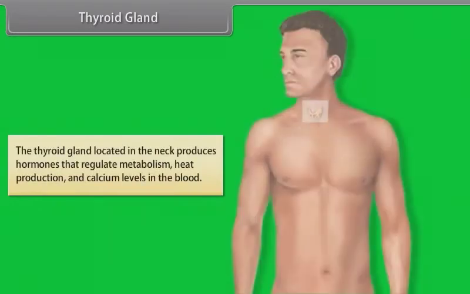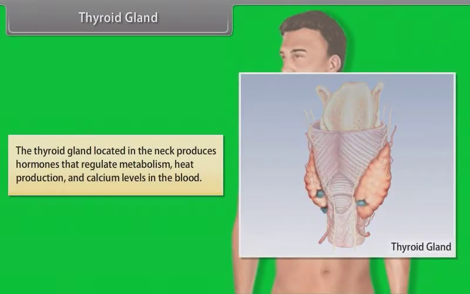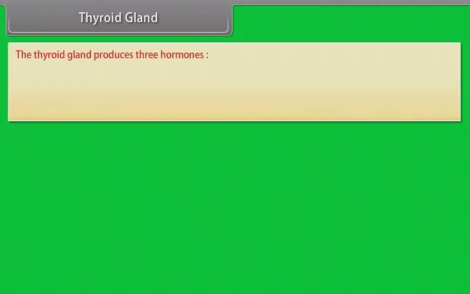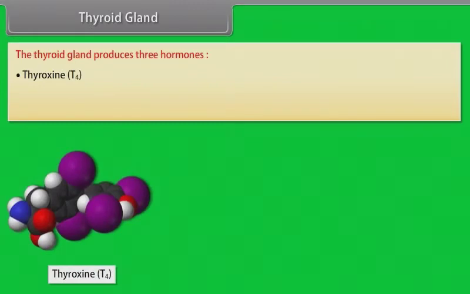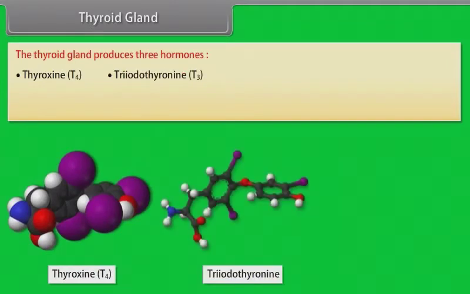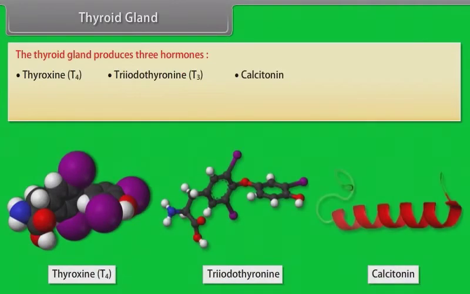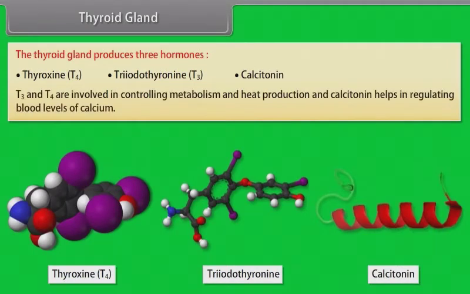The thyroid gland, located in the neck, produces hormones that regulate metabolism, heat production, and calcium levels in the blood. The thyroid gland produces 3 hormones: thyroxine, T4, triiodothyronine, T3, and calcitonin. T3 and T4 are involved in controlling metabolism and heat production, and calcitonin helps in regulating blood levels of calcium.